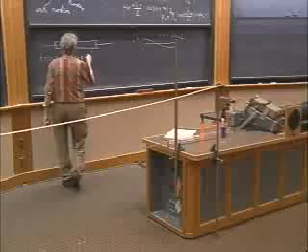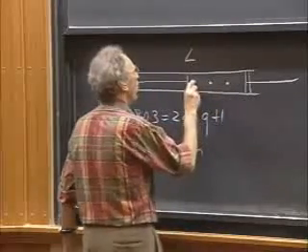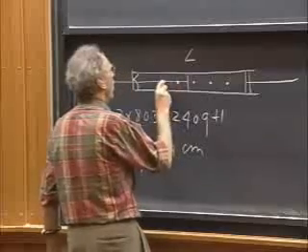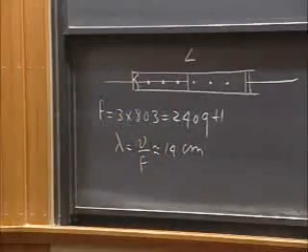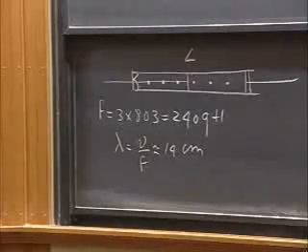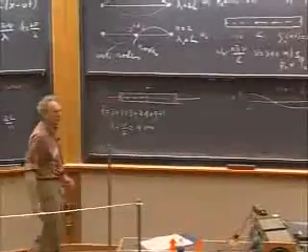I will create in here pressure nodes, which are always half a wavelength apart. Think about that, why that is. You see here, the nodes are half a wavelength apart. The same would be true for sound.